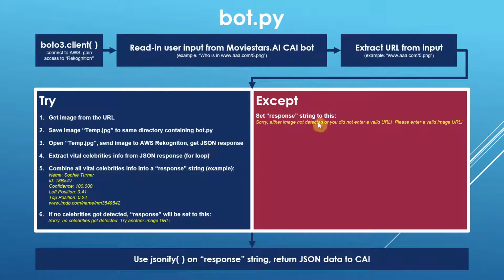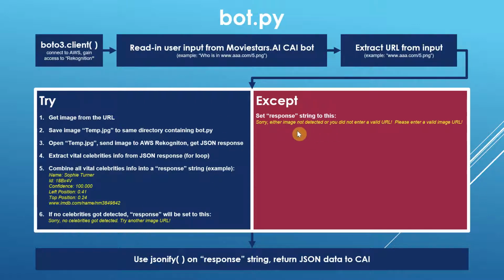So we have to throw an exception in which we set the response string to tell you either the image is not detected, or the URL is not valid, or the URL doesn't point to any images. So it asks you to enter a new, valid image URL. And so the user knows what's going on.